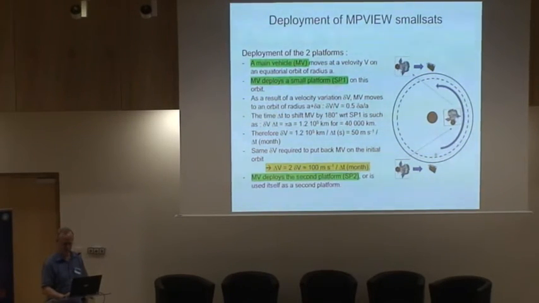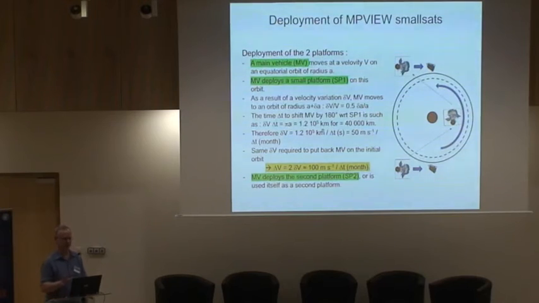And so progressively, on this orbit, the main satellite will be phased with respect to the first one here. And at some time, at 180 degrees, the main satellite is put again on the initial orbit, and the second one is deployed, or the second one can also be the main satellite.